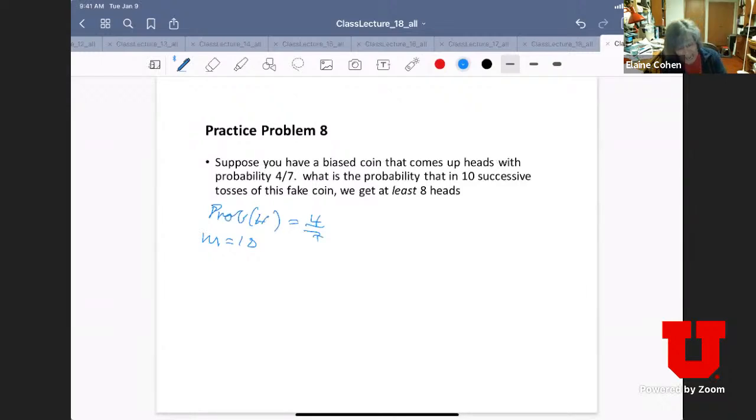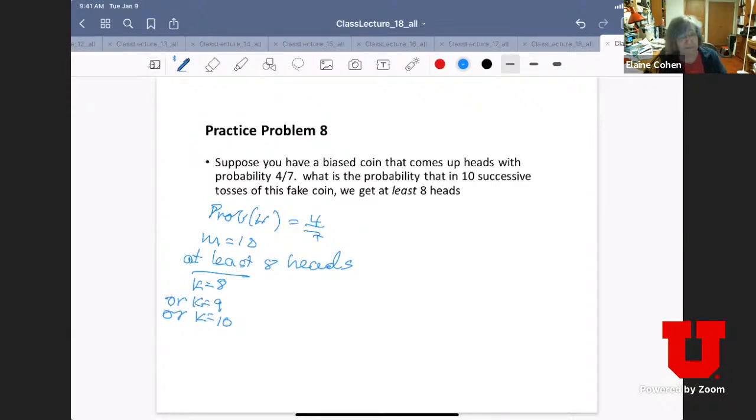So at least 8 says we want K equals 8, K equals 9, or K equals 10. Notice we can't get 8 and 9 and 10. We're getting 8 or 9 or 10.